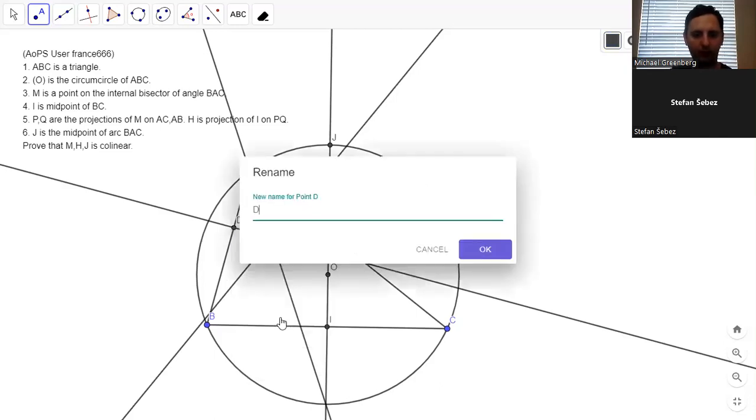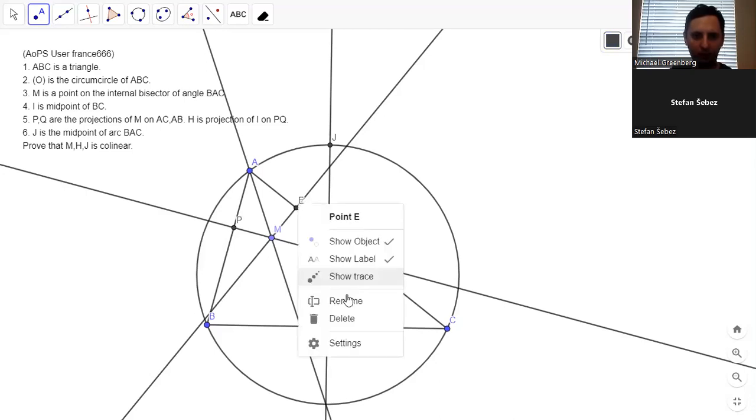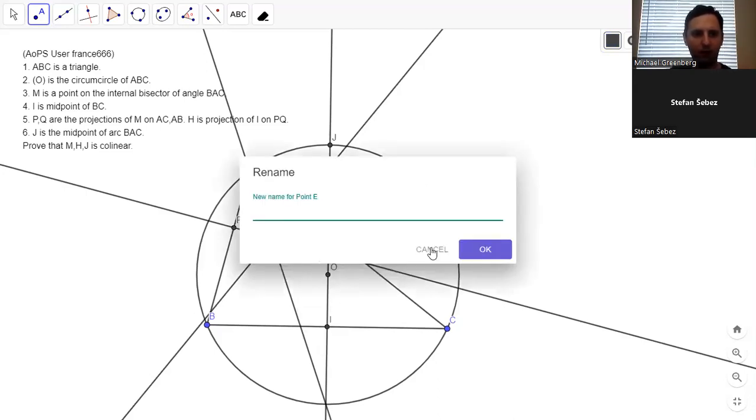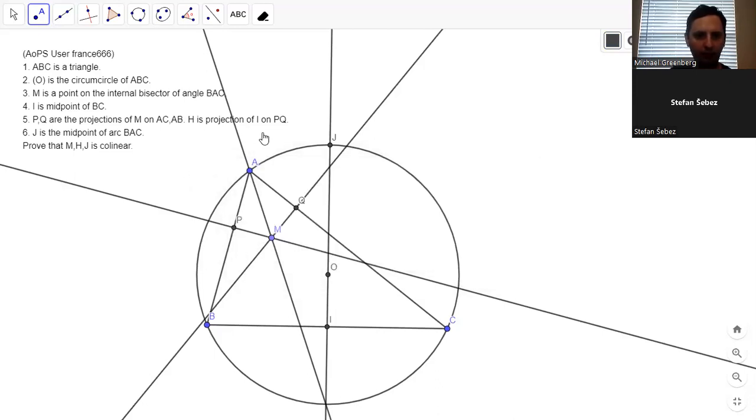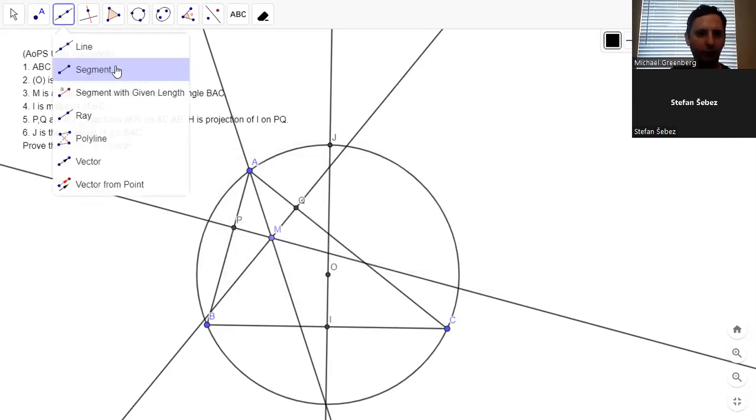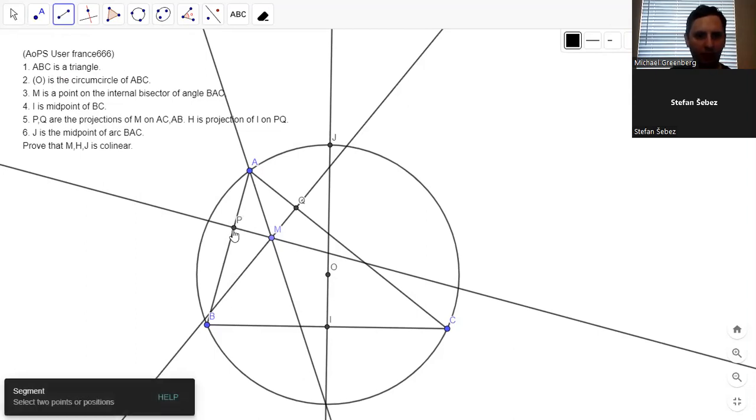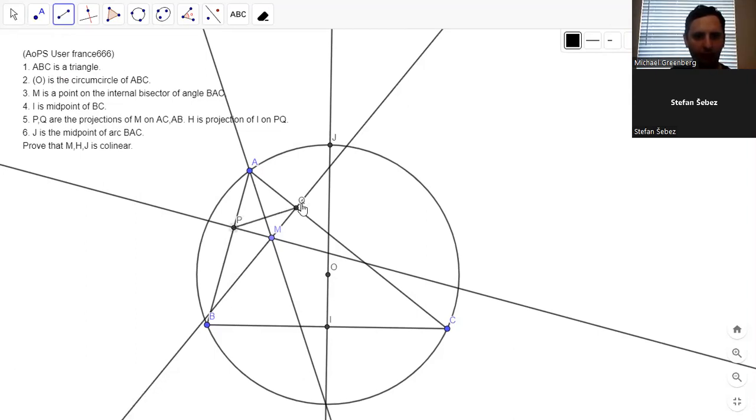This is P. This is Q. H is the projection of I onto PQ. We want to show that M, H, and J are collinear.